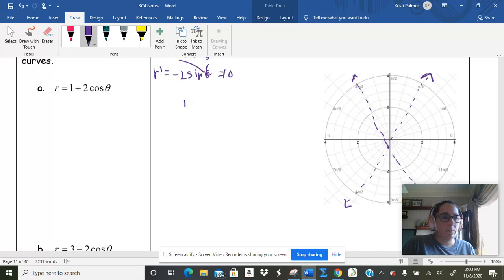All right, so now I'm going to make my r theta chart and just go in order. So we're going to start at 0 and plug in. So that's 1 times 2 is 2 plus 1 is 3. So I know that when I am facing 0, I go out to 3.